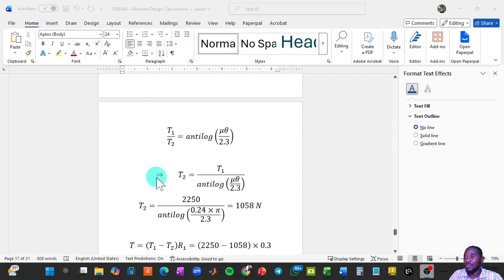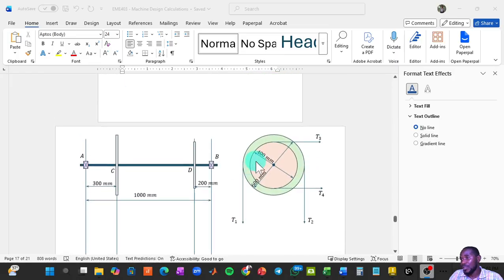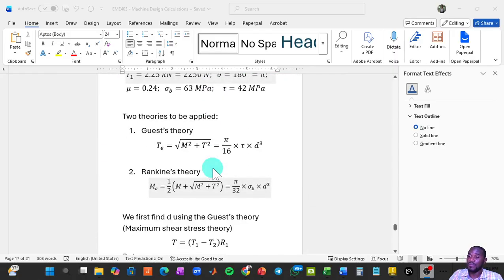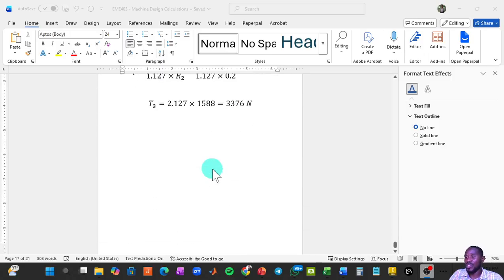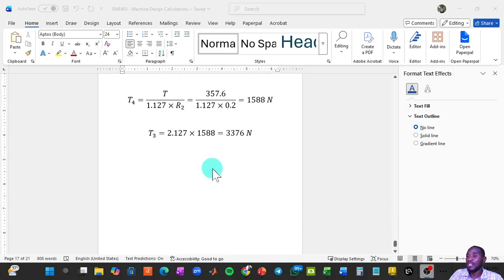I said earlier that because we have forces acting in two orthogonal directions, we're going to consider the vertical direction first, then the horizontal direction second, and then amalgamate them. We take the vector sum to find the resultant bending moment acting in the shaft at the critical points, point C and point D.